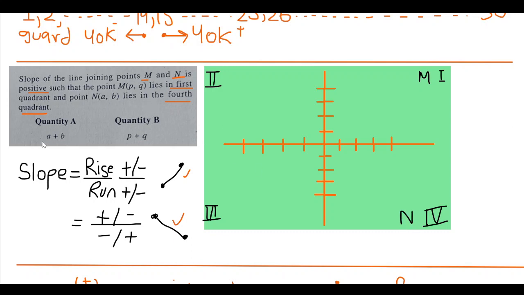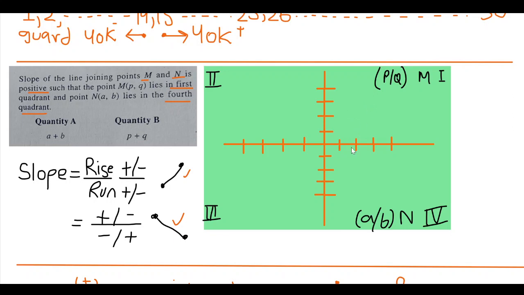And then it says the coordinates of N are A, B, and M is P and Q. So it's talking about the sum of the coordinates of N and the sum of the coordinates of M, which is P and Q. So let's try to come up with a simple example.